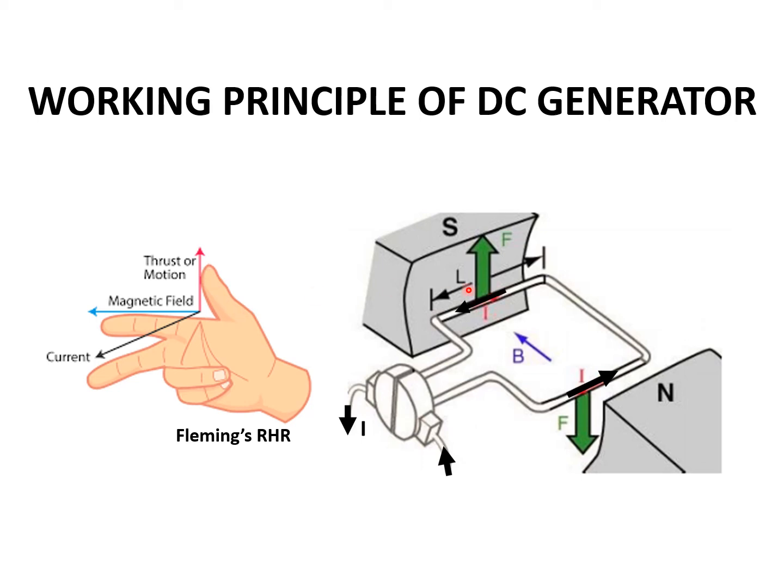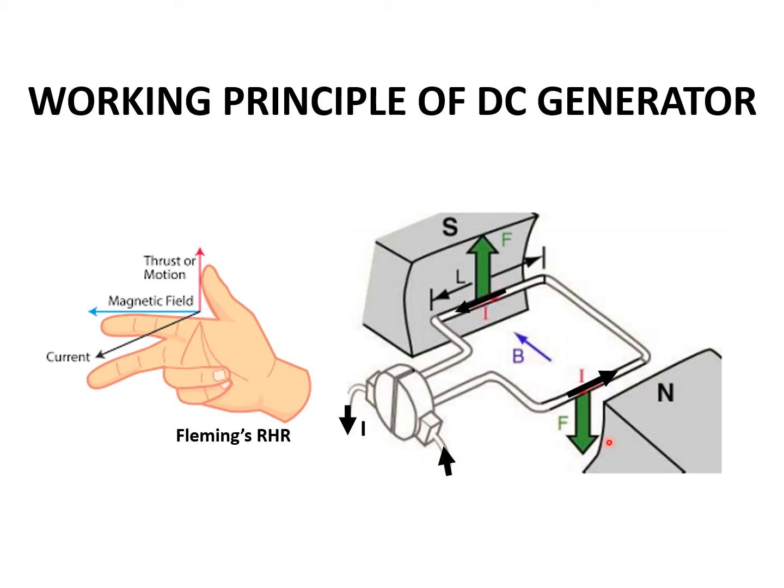So in this conductor, if you place the thumb in the direction of thrust, upward like this, and the forefinger in the direction of flux from north to south, then by using Fleming's right hand rule, the center finger will give the direction of current. So the current is coming toward the brushes or commutator segments.